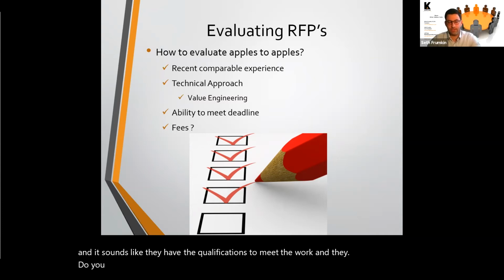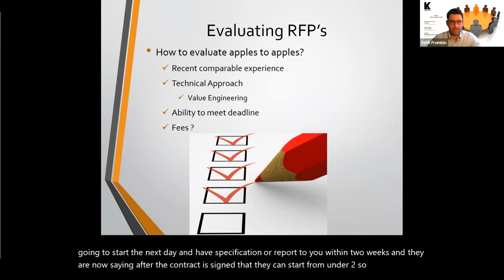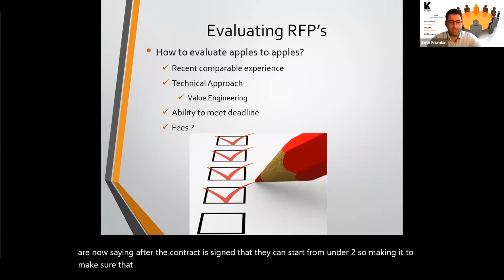But when you get started, you were expecting that they were going to start the next day and have a specification or a report to you within 2 weeks, and they're now saying after the contract is signed that they can't start for a month or two. So you have to make sure that it meets your specific deadline. And of course, what are the fees?